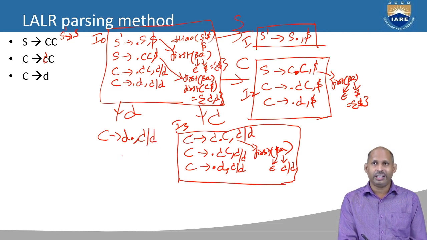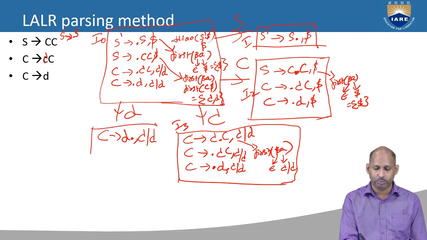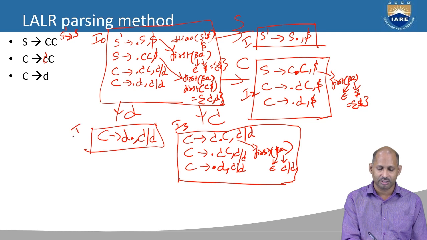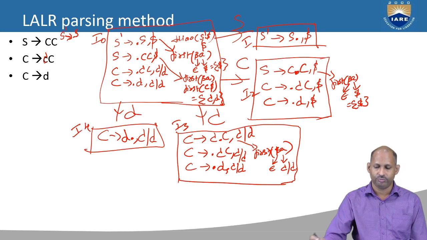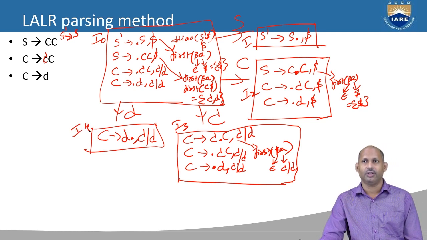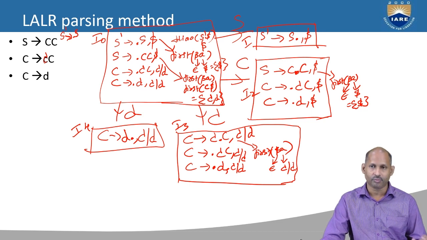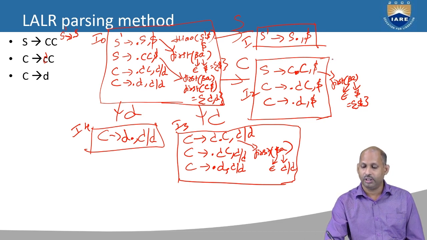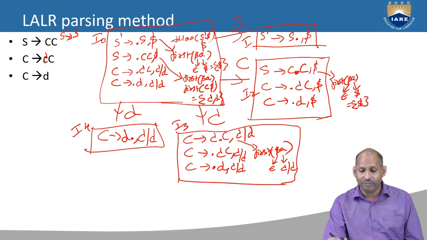Dot at the end, so no addition of productions, and the group is completed. It is I4. Now, here I1 has dot at the end, so there are no go to operations.